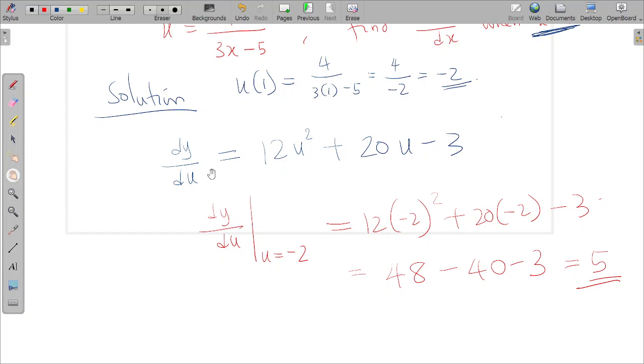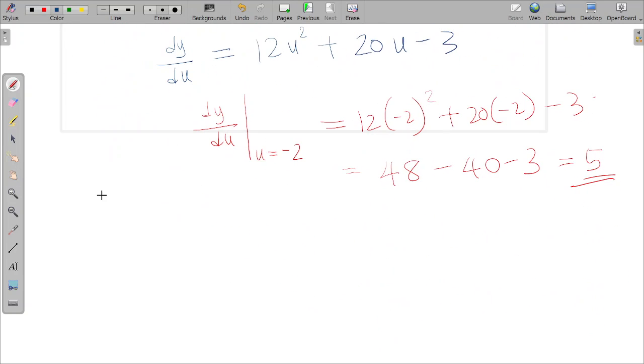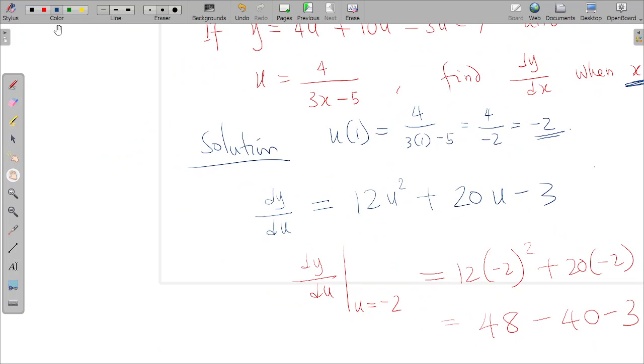All right, so let's now go to du over dx. Again, we can turn this u into something like this: u equals 4 times (3x minus 5) to the power minus 1.